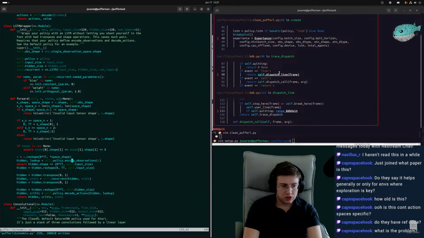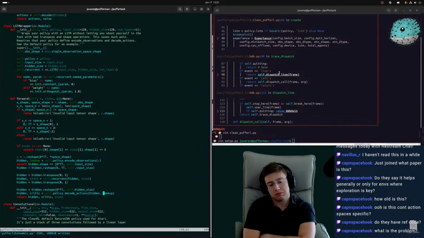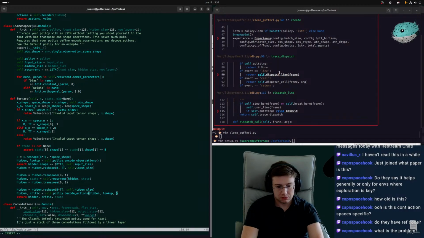It's going to be in decode actions that we use E3B. Amusingly, this is a nice time to get rid of this lookup. I think I'll leave it though.